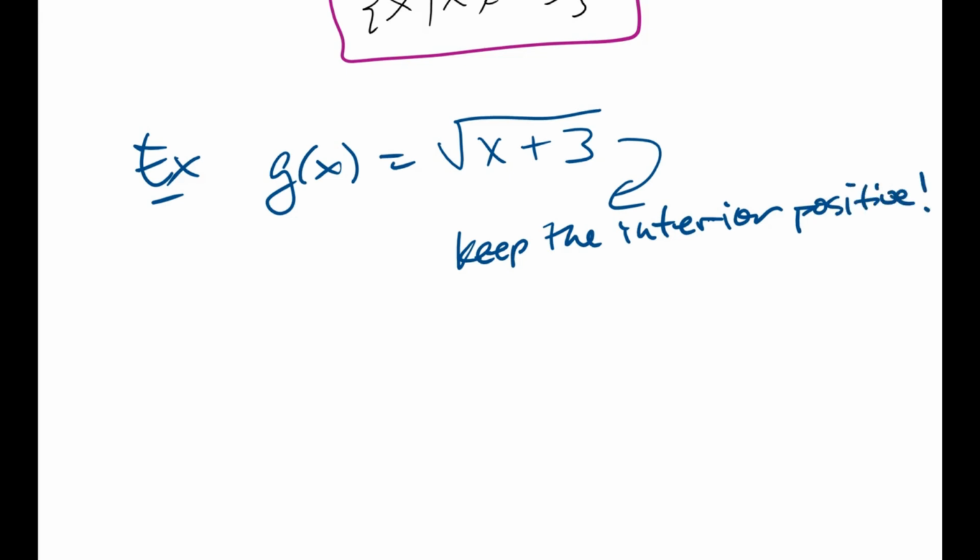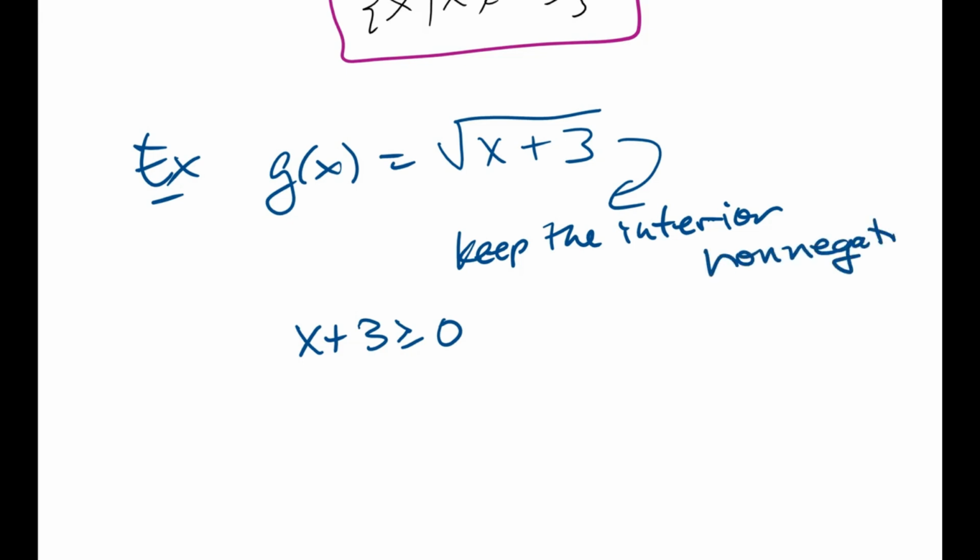No matter what you plug in, it's got to stay positive, or 0. So instead of saying the interior positive or 0, let's say keep the interior non-negative, because 0 is non-negative and it's not positive. So if you just set this greater than or equal to 0, the domain is the solution to this.